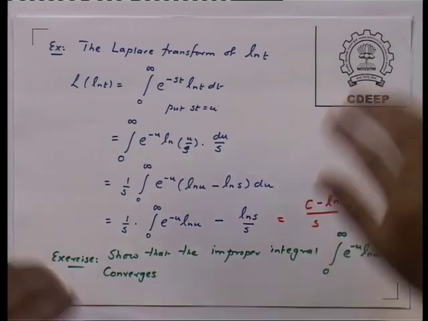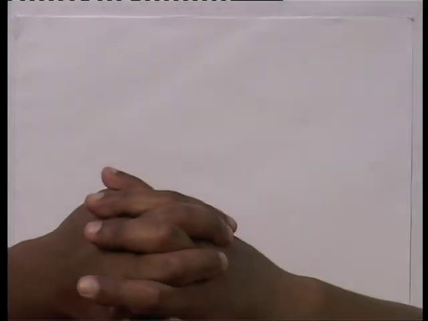What is gamma of A? Integral 0 to infinity e to the power minus t, t to the power a minus 1 dt. Now, what do you have here?